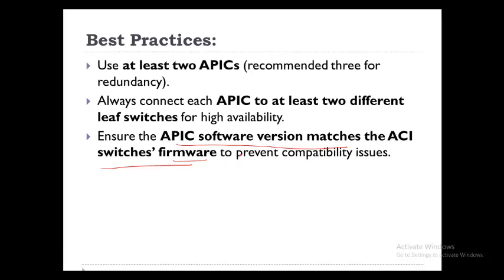So you go and see the firmware of the ACI switch. Accordingly, you pick one epic software version. Those things are very clearly described in the datasheet in Cisco's documents.